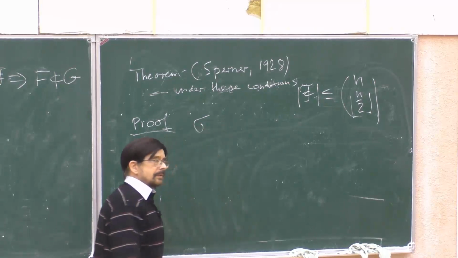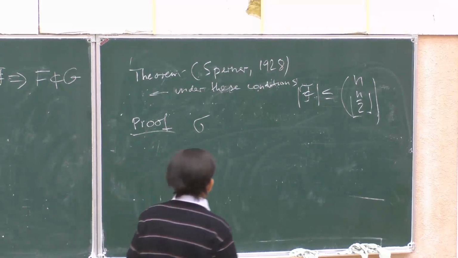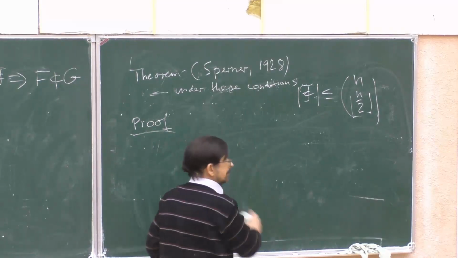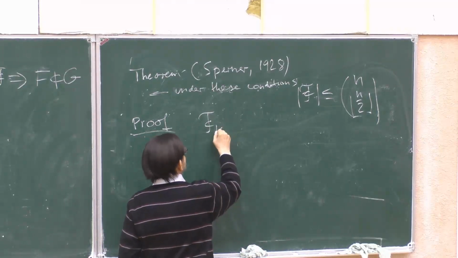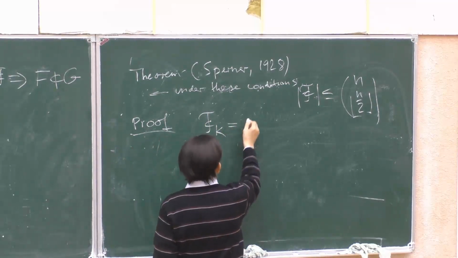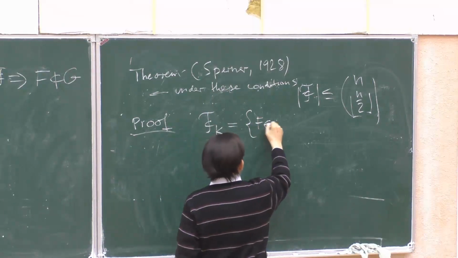First, I introduce a notation. Before that, another notation. So F_k is the set of k-element members of the family.